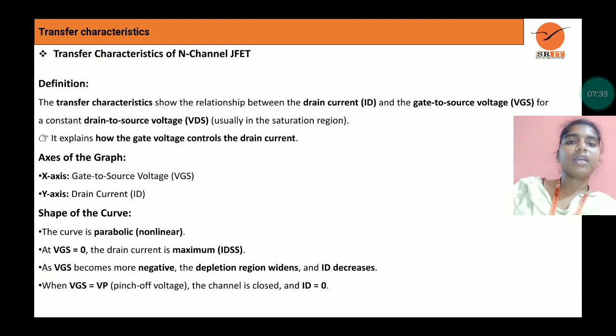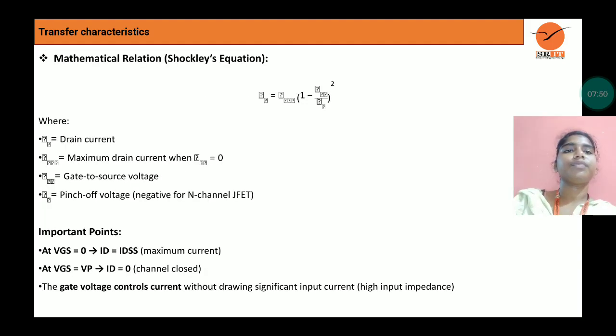The curve is parabolic. At VGS equals 0, the drain current is maximum. As VGS becomes more negative, the depletion region widens and ID decreases. When VGS equals VP, the channel is closed and ID equals 0. Mathematical relationship.